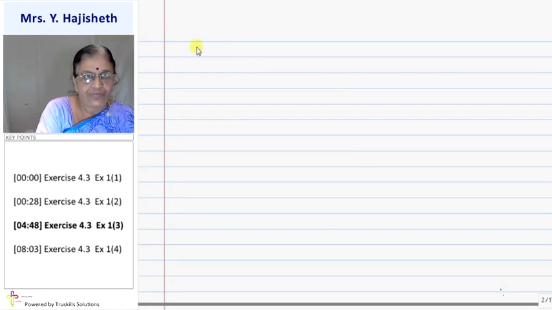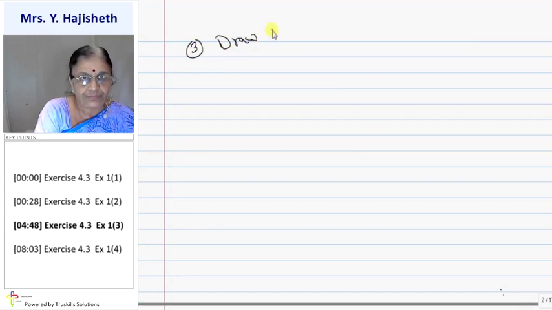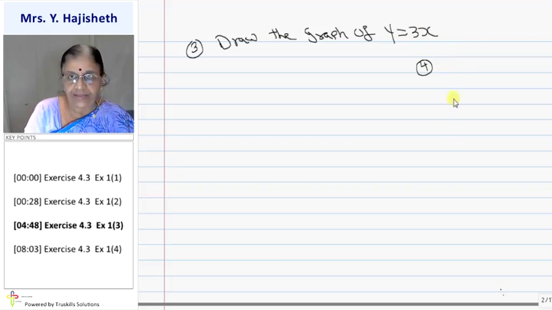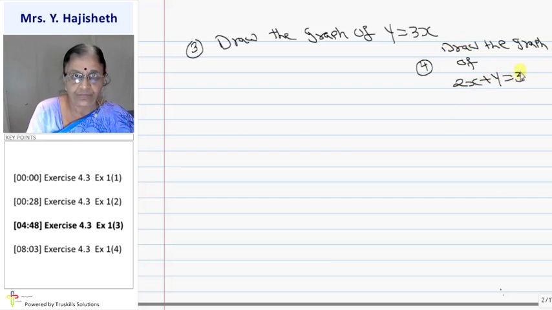How to draw the graph of y is 3x? Draw the graph of y is 3x. And fourth question is, draw the graph of 2x plus y is 3.